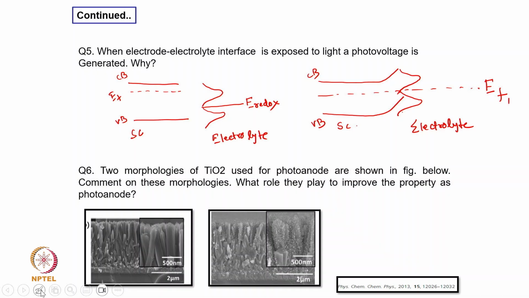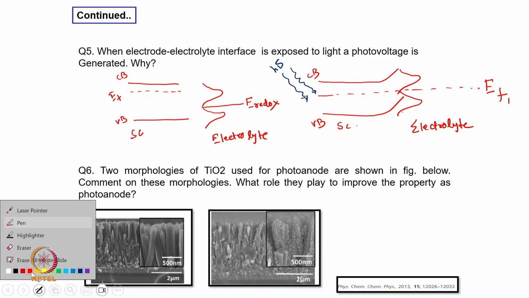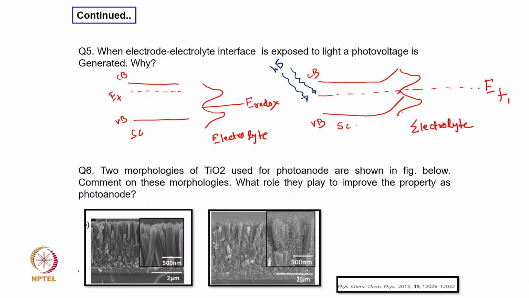And in this situation, when sunlight falls, or a photon strikes this particular junction, then there is a shift in the Fermi level.